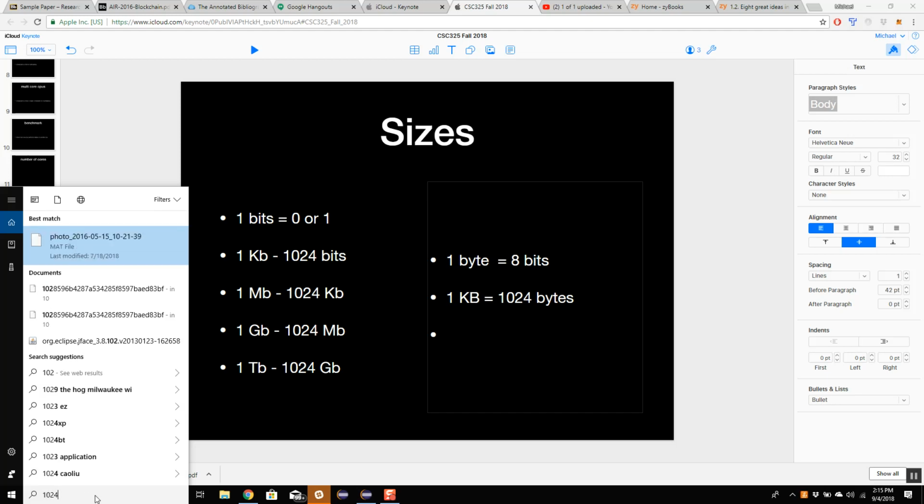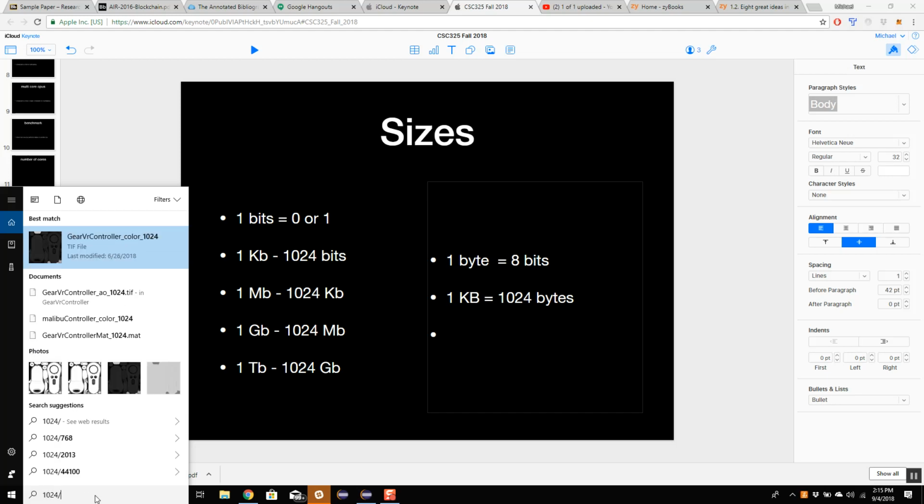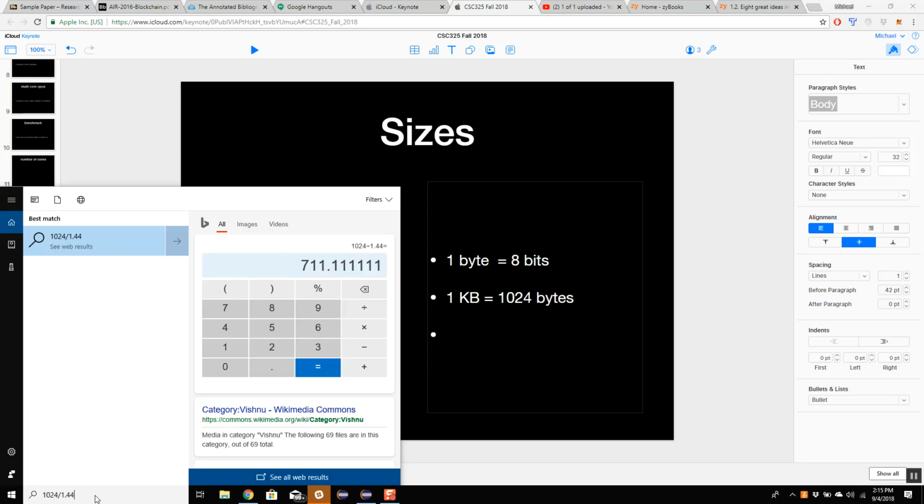So 1 gigabit is 1,024 megabits divided by 1.44. So our internet today is 711 times faster than it was 20 years ago.